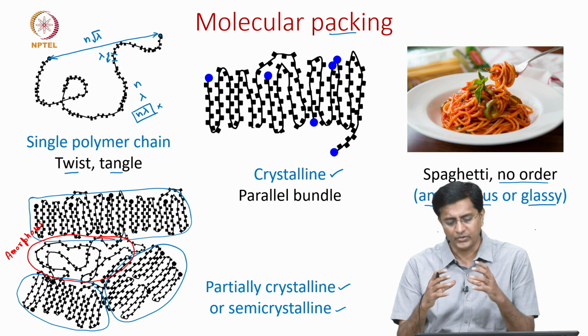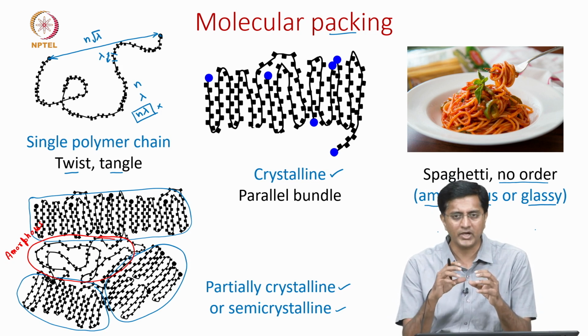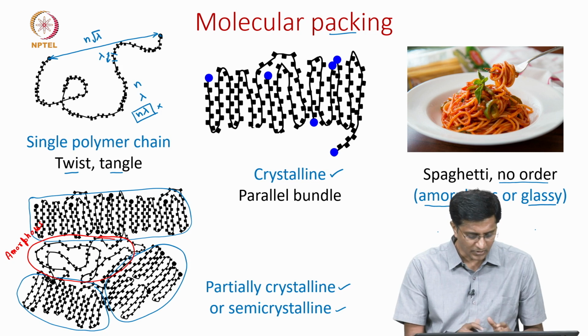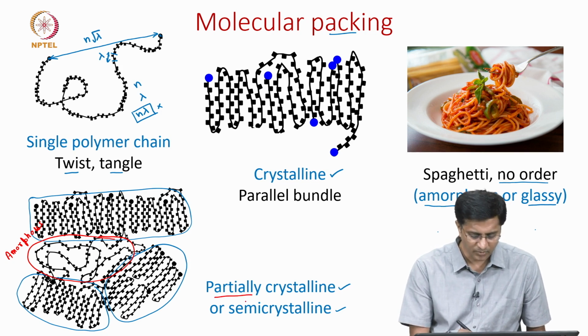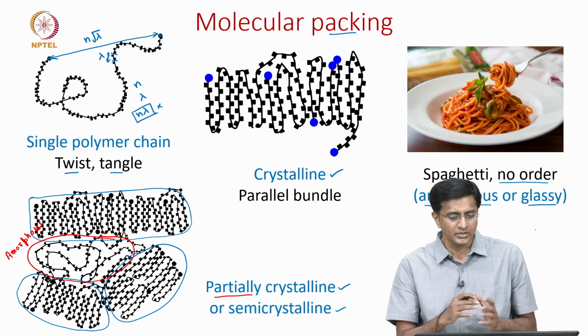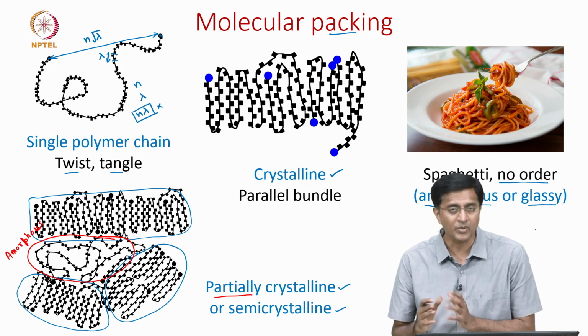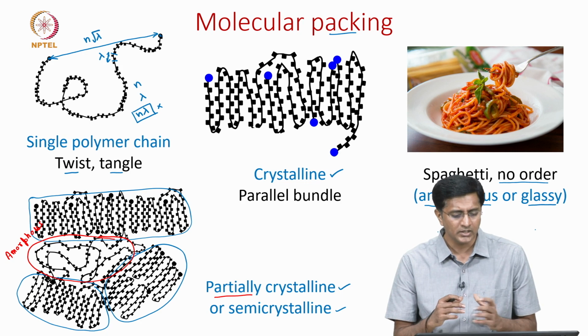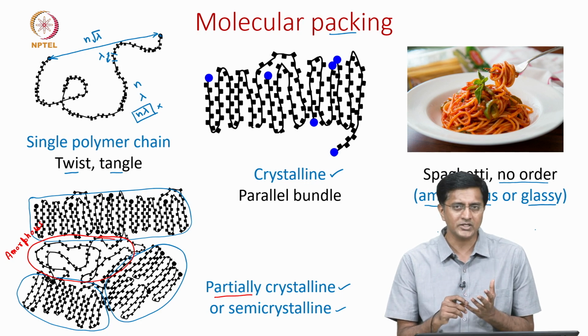So, between these crystalline blocks we have amorphous regions, therefore we call it partially crystalline.